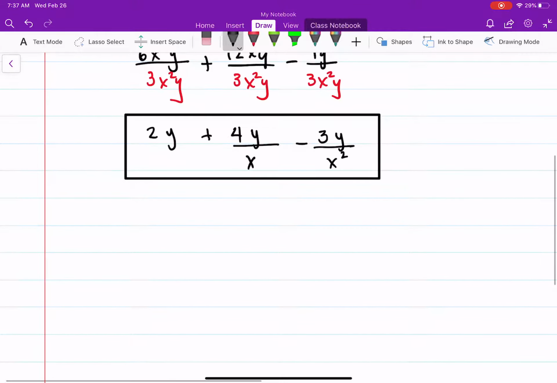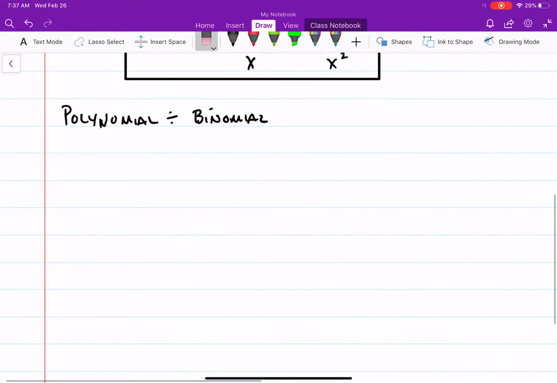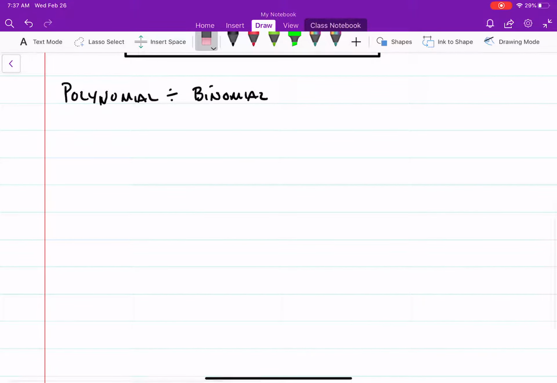Okay? So, next thing we're going to talk about is a polynomial divided by a binomial. Let's use an example like, let's say, example 2.